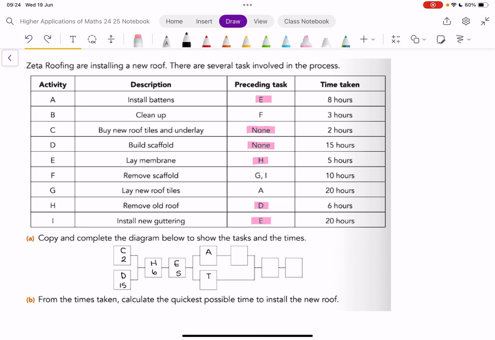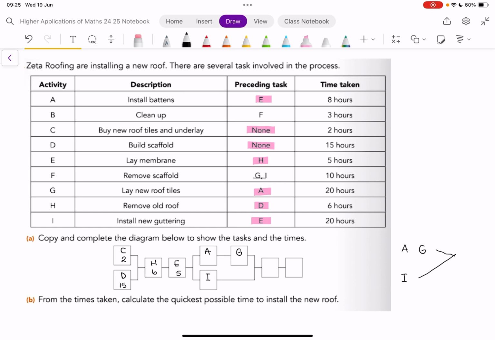Okay, so what I'm going to do is I'm just going to do a little bit of rough working out at the side. So I've got A and I. So I'm just going to follow my A path through first. So A has just happened, and that would give me G. G has just happened, but I've got G and an I. So it makes sense, actually, that A does go at the top and I goes at the bottom, because G and I will then feed into one task, and my A and G are 2 tasks in a row, and this is just 1 task before it feeds in.